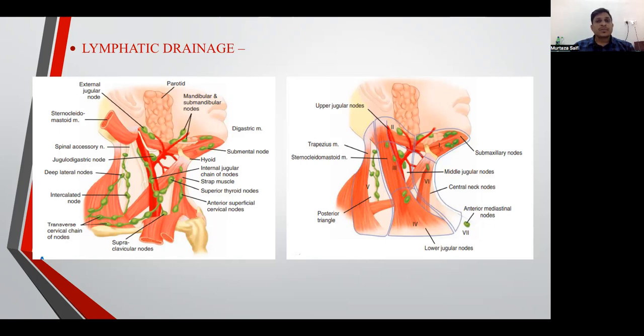the internal jugular chain of nodes along the strap muscles, then the superior thyroid node, then the anterior superficial cervical node. So this is the basic lymphatic drainage which you should remember in thyroid malignancy especially.